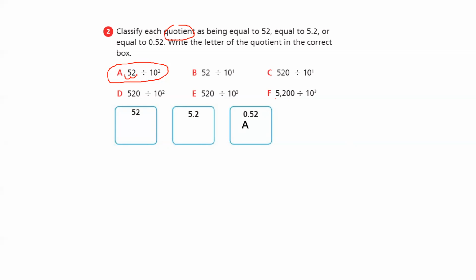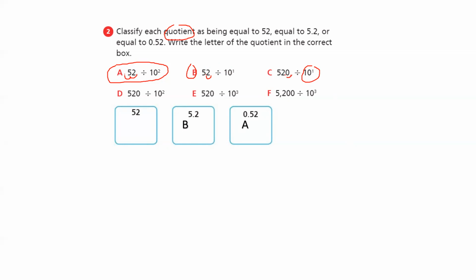Okay. If you're ready to see the real answer, you can unpause, watch. Here we go. B, 52 divided by 10 to the first. Decimal moves over once, it's 5.2. What about C? Well, divided by 10 to the first power, remember 520 has an invisible decimal after it.